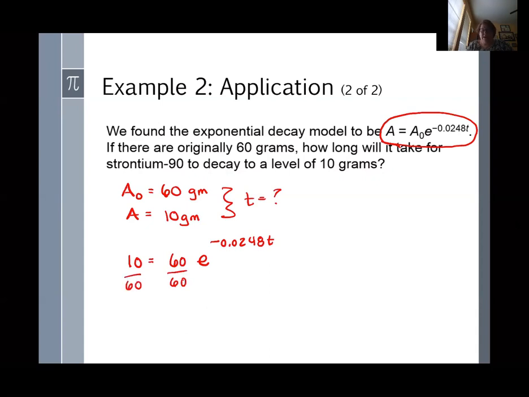And I might note that I can cancel a 10 over on the left-hand side. 10 over 60 is the same as 1/6. Now you certainly don't have to cancel that. You could leave it as 10 over 60 until you take the logarithm, but I'm just going to save myself a little writing. The 60s cancel on the right-hand side.